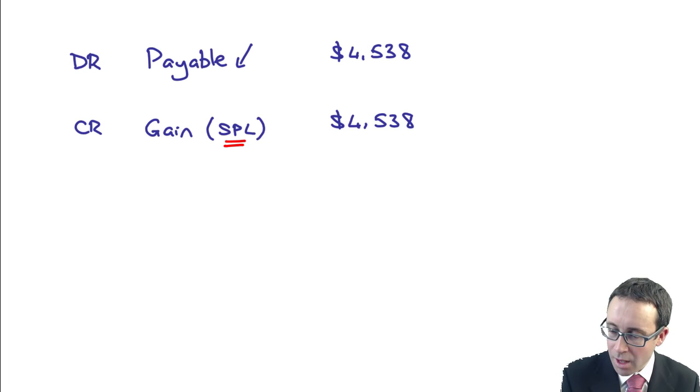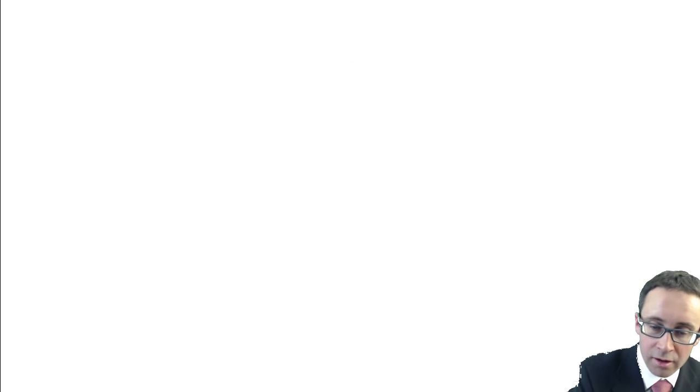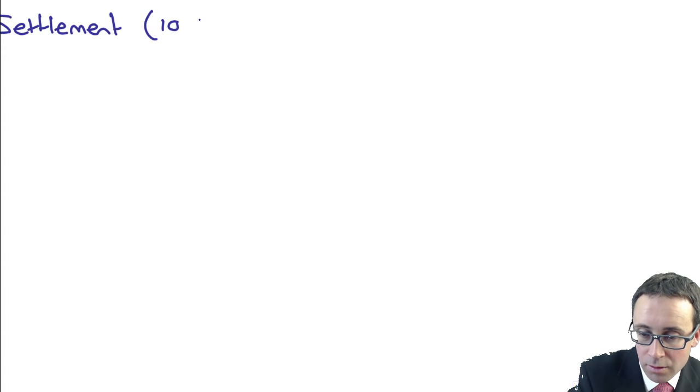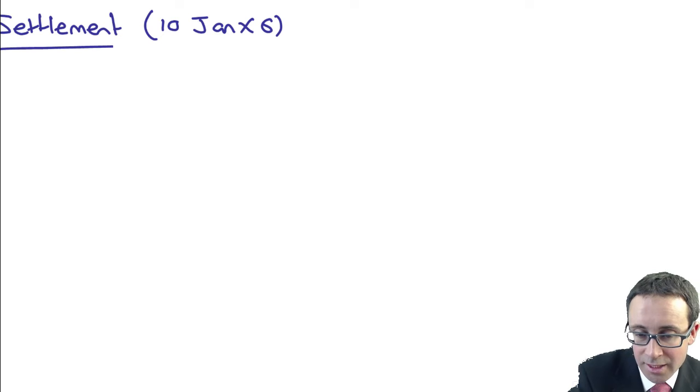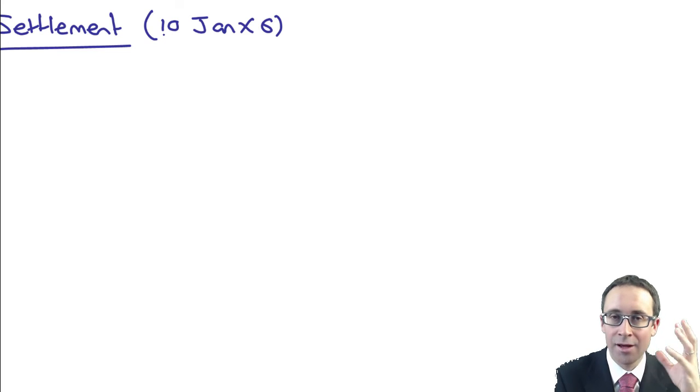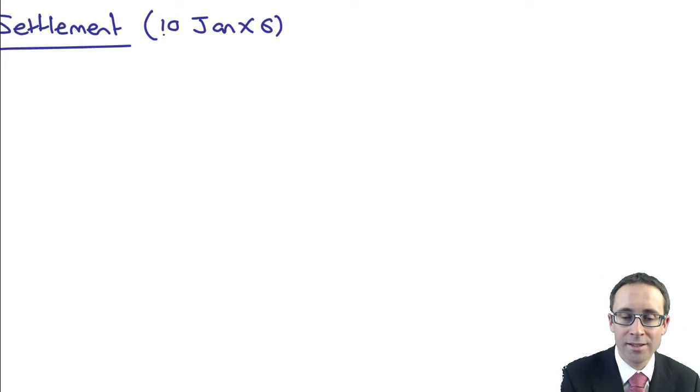Okay. Then just to go through and finish it off, we've got what happens on settlement, which I think was on the 10th of January X6, so quite soon into the year, isn't it? We need to record the transaction at the rate in place on that date.